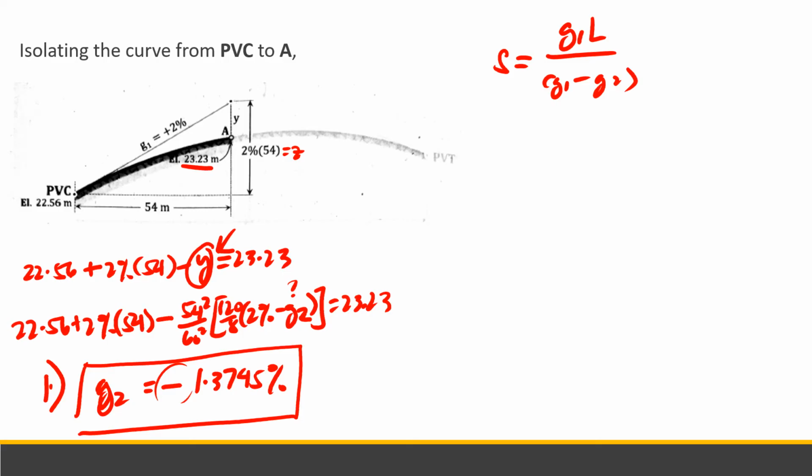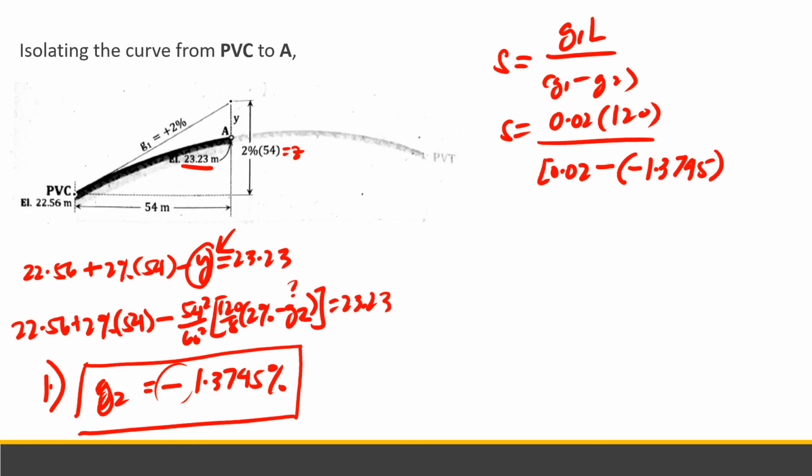So S is equal to 0.02 multiplied by 120 over 0.02 minus negative 1.3745%, which is 0.013745. So S is equal to 71.12 meters from PVC.